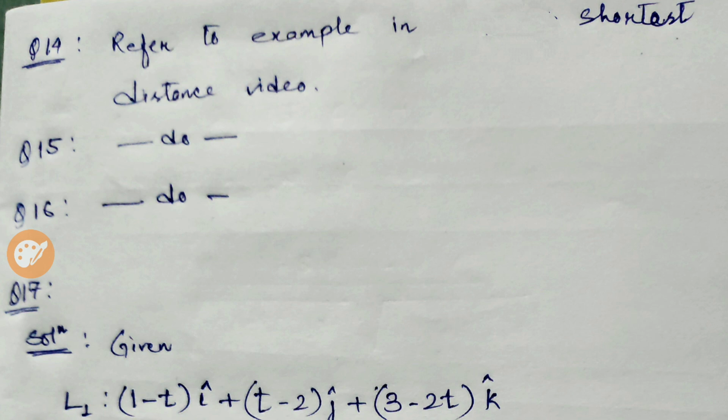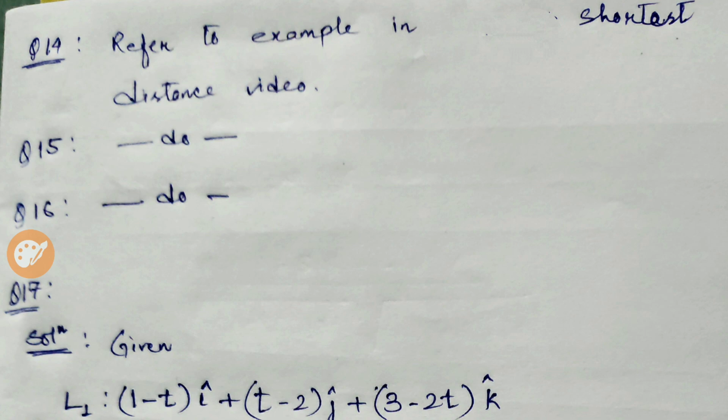Using them you solve these 14, 15 and 16, and in the exam this kind of shortest distance question comes. And you know which formula to use when they are parallel and how to know if the given lines are parallel or not. Everything has been explained in the previous video. Go and check the description, the links are given.